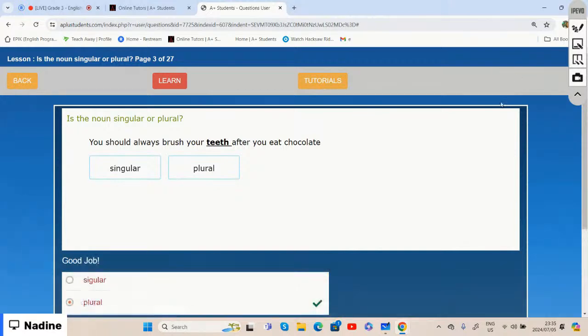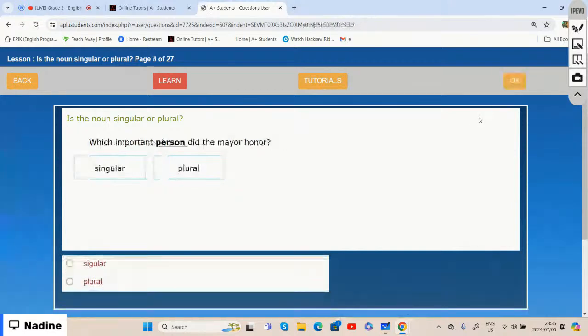All right. Look at the word person. Which important person did the mayor honor? The noun person, is person singular or is person plural?